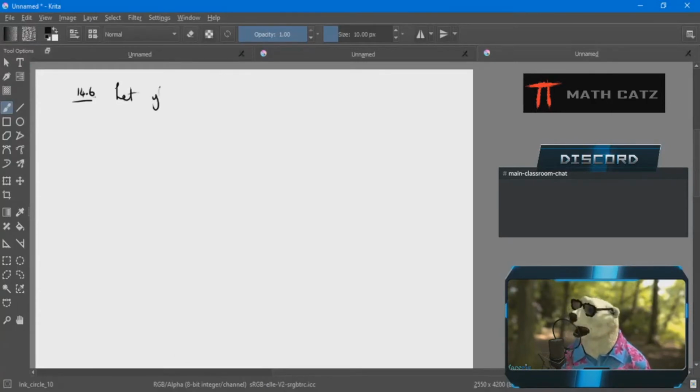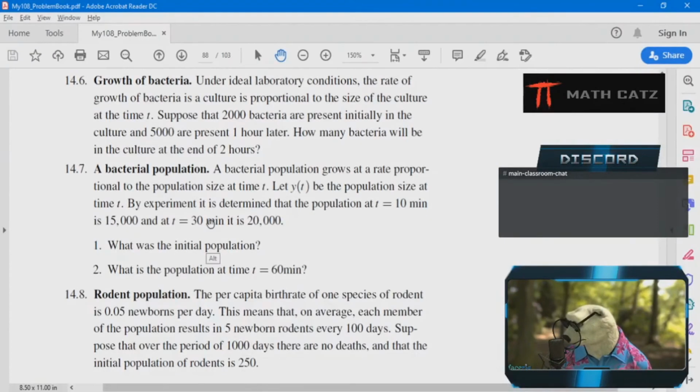Let y, which is going to be a function of time, represent the population size, the number of bacteria, at time t. Now let's see their words here.